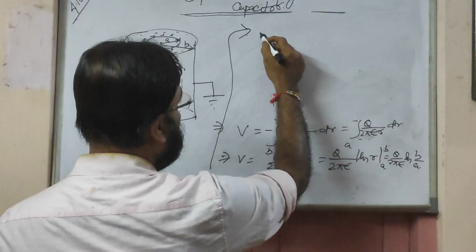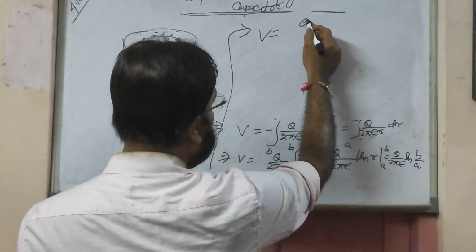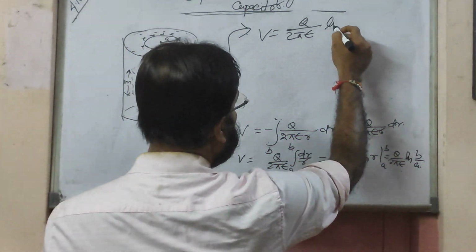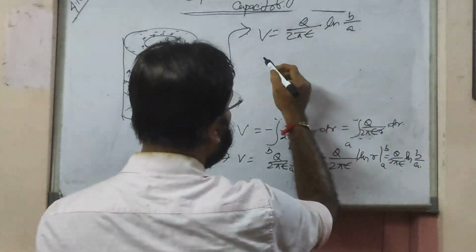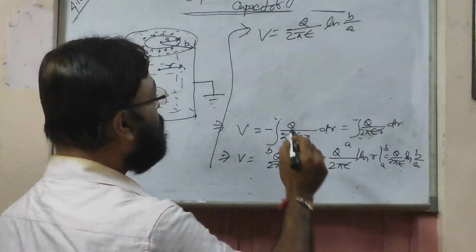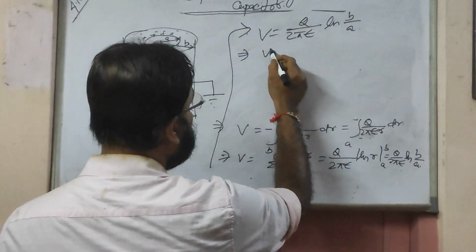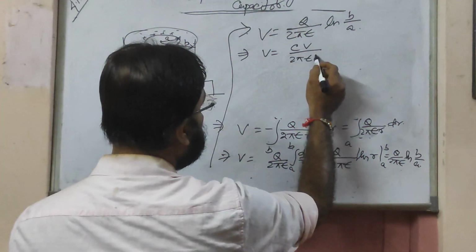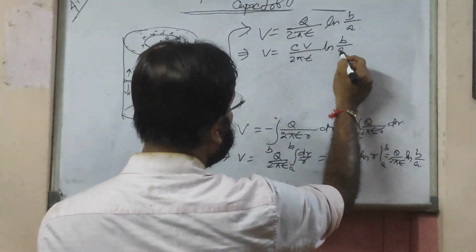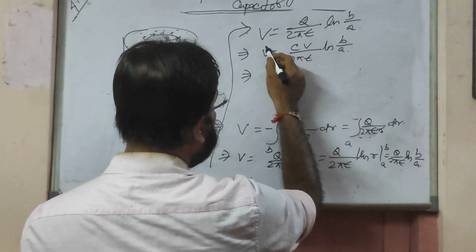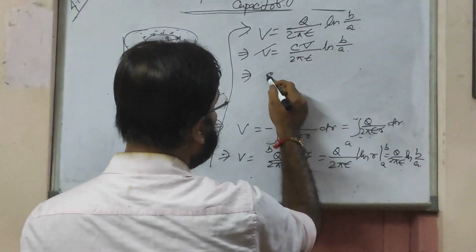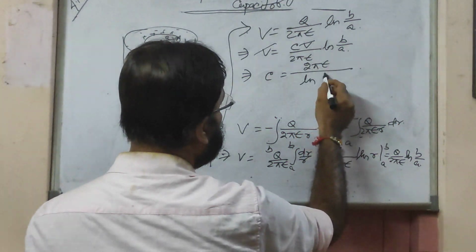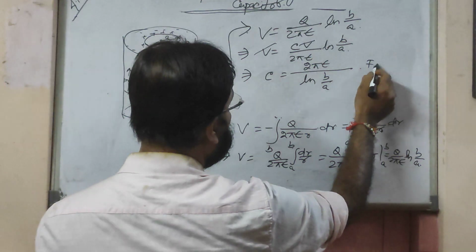Now V is equal to Q by 2 pi epsilon ln B by A. We know that Q is equal to C into V. By substituting that, we can write C into V divided by 2 pi epsilon ln B by A. From this, V gets cancelled, so C is equal to 2 pi epsilon divided by ln B by A, in farad per meter.